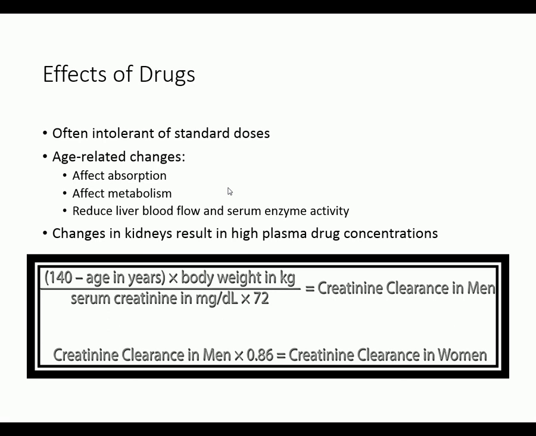And on this slide, I have shown you how they can figure the creatinine clearance for men and women. Okay, just from the information that you can get out of your patient's chart. Okay, changes in the kidney are something that you need to be really mindful of in your older adult.